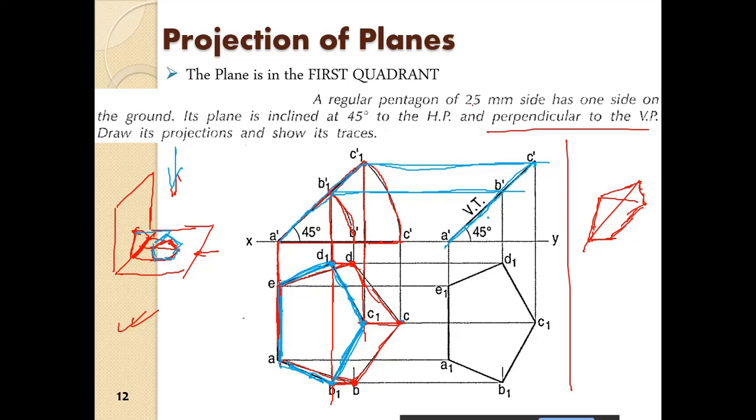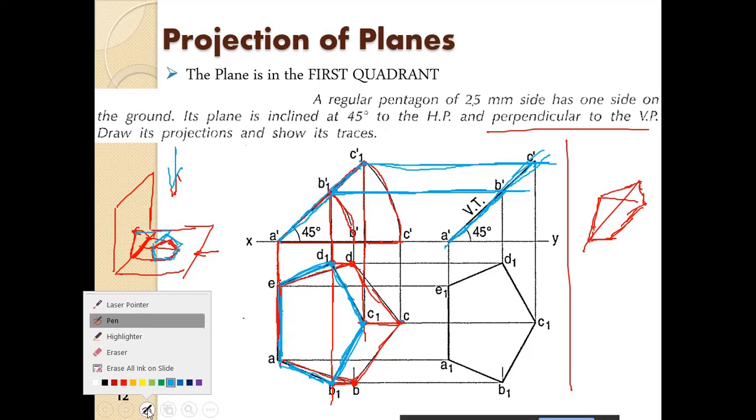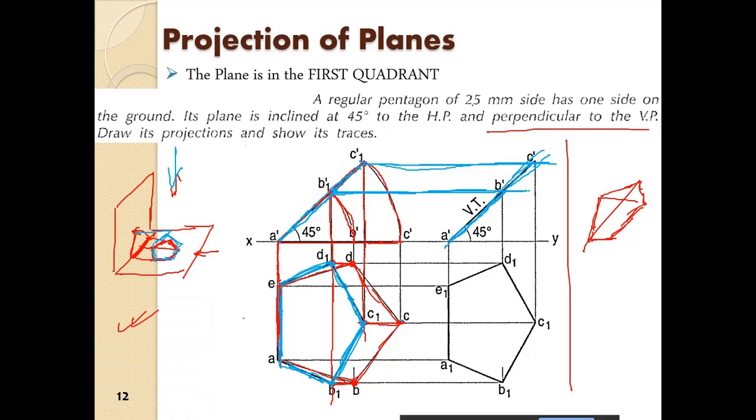So first of all you have rotated the line, so you have shifted that to a point here. Then you have dropped the projectors from the points up to the corresponding points here. Then from there, you drop the vertical projectors down.